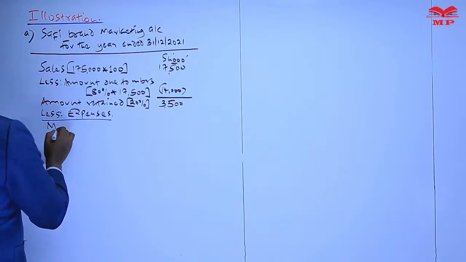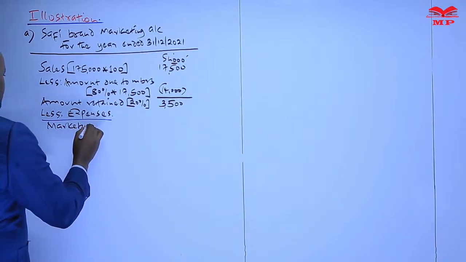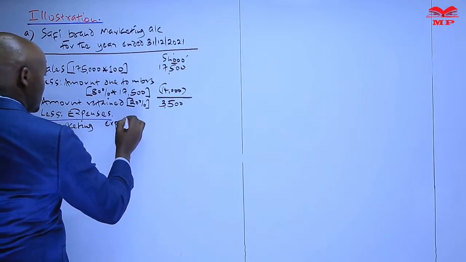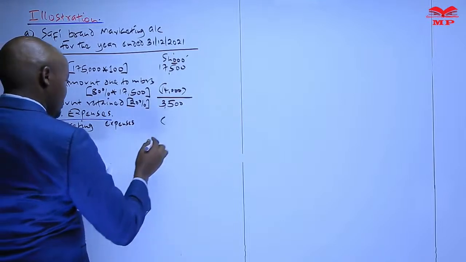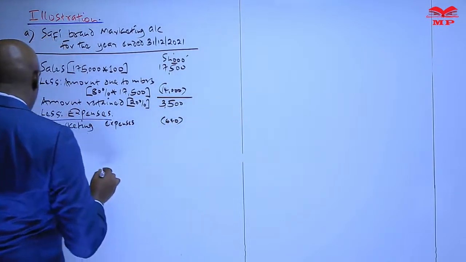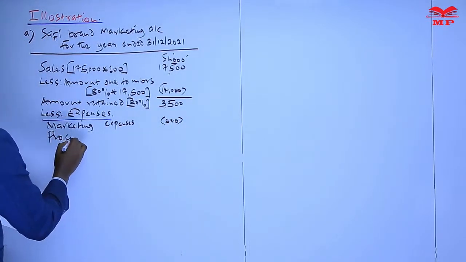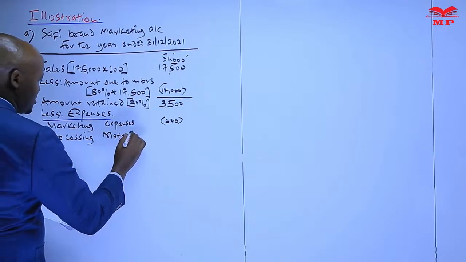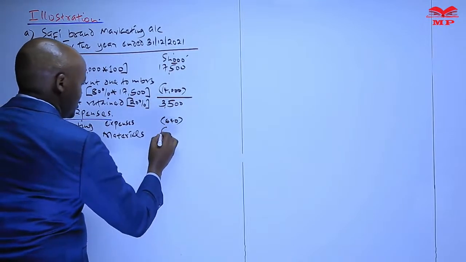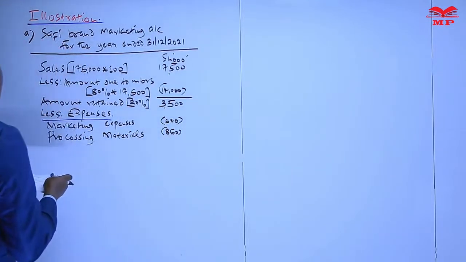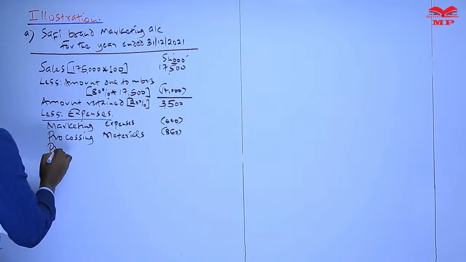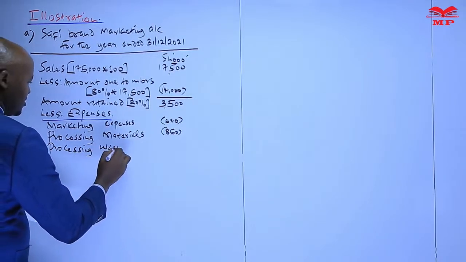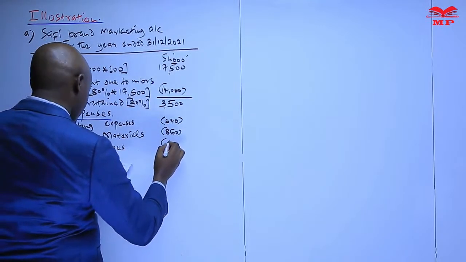So we have marketing expenses, an amount of 640. We also have processing materials, an amount of 860, and then we have processing wages, an amount of 900.